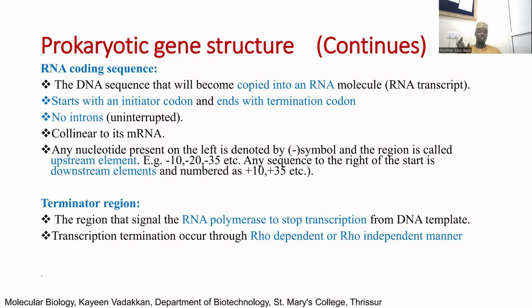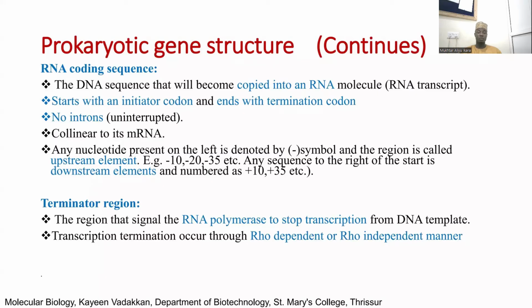It starts with an initiator codon and ends with a terminator codon. The initiator codon is AUG, and the terminator codons are those three stop codons that I mentioned earlier. There are no introns, so it is uninterrupted by introns, and it is co-linear with the mRNA, that is, messenger RNA.